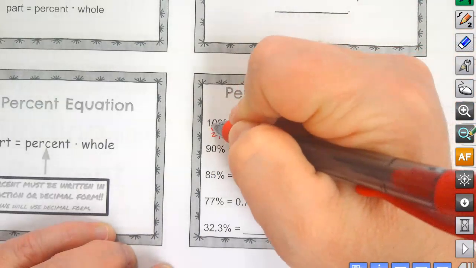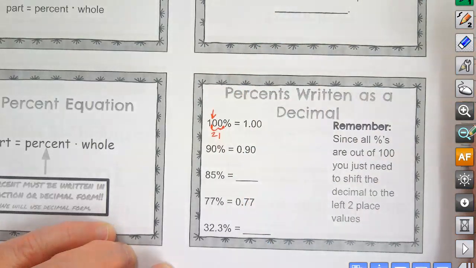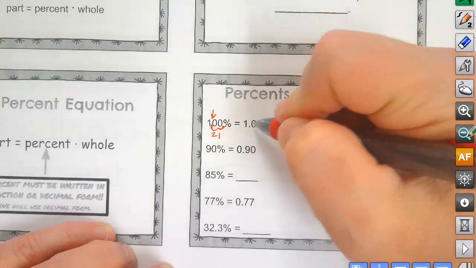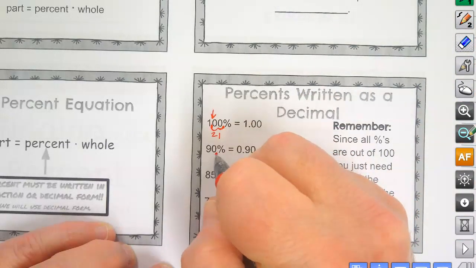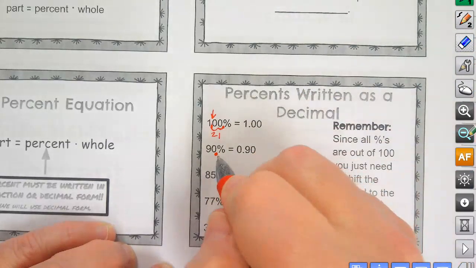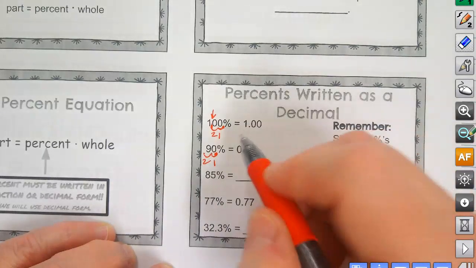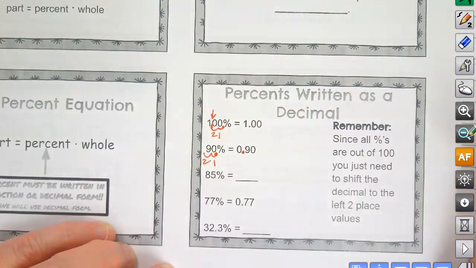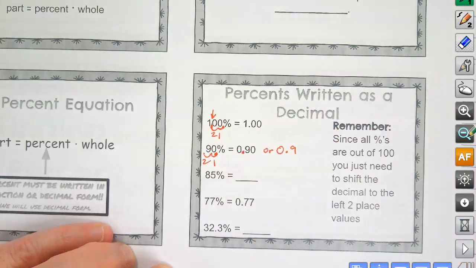When I shift it twice to the left, this is where my decimal ends: 1.00. If I was doing 90%, my decimal starts here, and I shift it once, and I shift it twice, which means my decimal ends up here at 0.9. Now you could write it 0.9, or you can write it 0.90 like I have it on the paper.